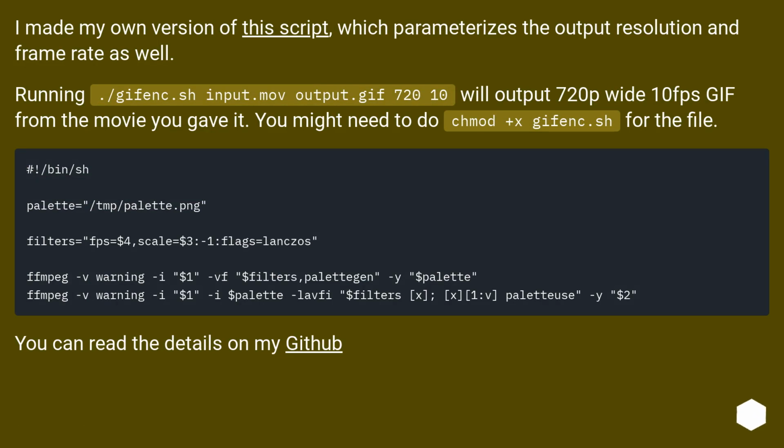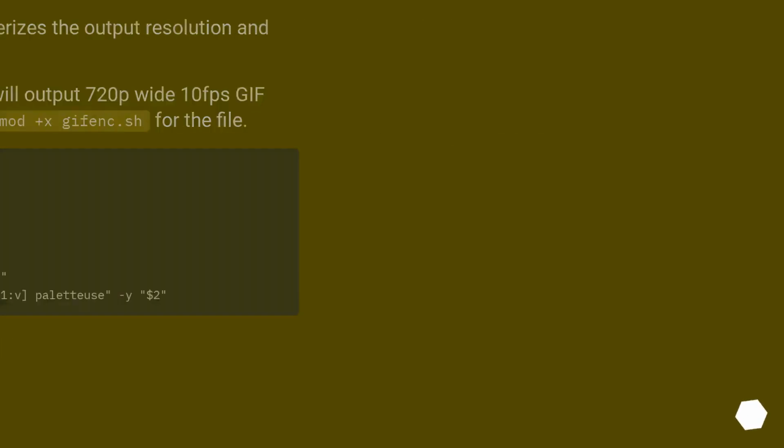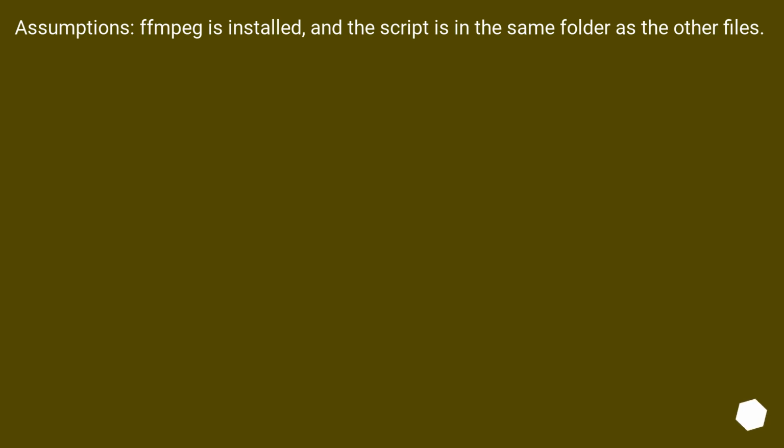Running ./gifenc.sh input.mov output.gif 720 10 will output a 720p wide, 10 fps GIF from the movie you gave it. You might need to do chmod +x gifenc.sh for the file. You can read the details on my GitHub. Assumptions: ffmpeg is installed, and the script is in the same folder as the other files.